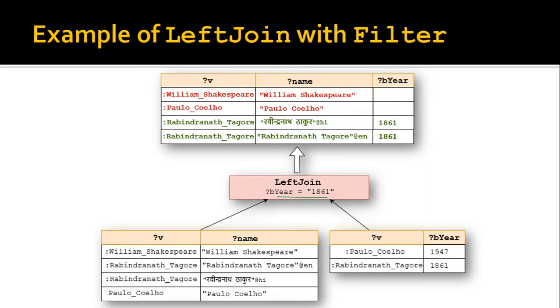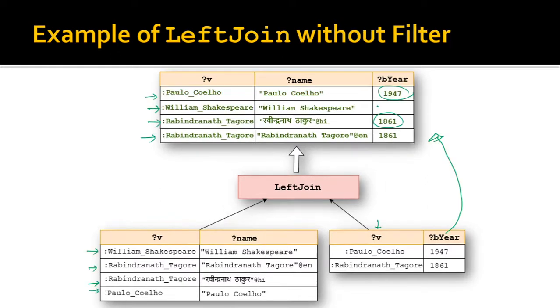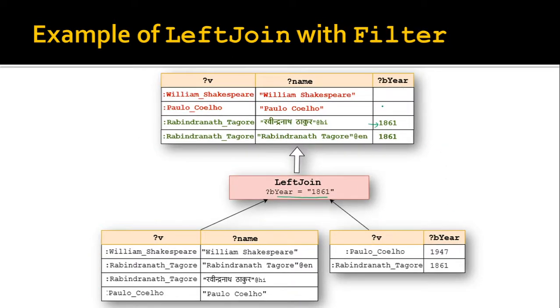If that matches, that particular cell will have the other value. But you see, for Paulo Coelho, which had a value of 1947 in the simple left join, this is vanishing. So this is the result of the left join with the filter for this particular case.